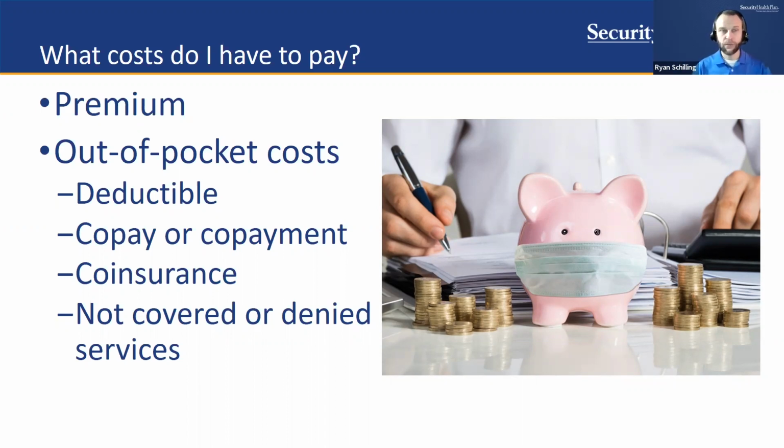So the costs that fall under your out-of-pocket costs would be things like deductible, co-pay or co-payments, co-insurance, and those things all fall under your out-of-pocket costs, and we'll talk about each of those. And then we'll also talk a little bit about not covered services or denied services as well.